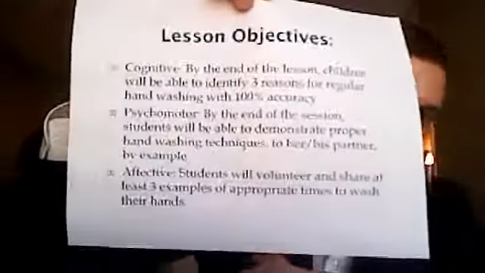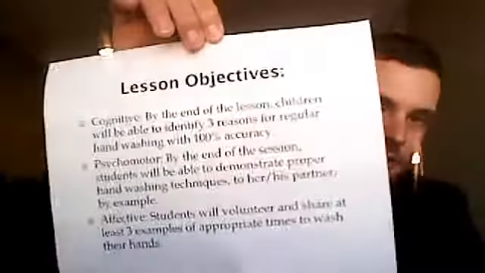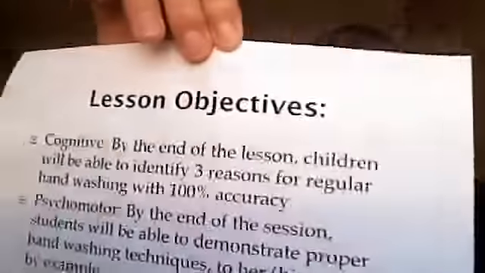The lesson objectives, basically, I would not want to spend a whole lot of time on, as I wouldn't want to sidetrack from the program, but basically my objectives would be to have the children understand the importance of washing their hands and be able to state 3 reasons why you would wash your hands with 100% accuracy.